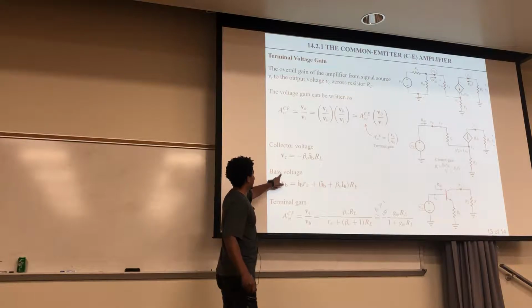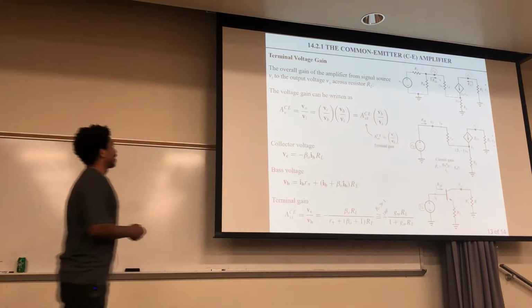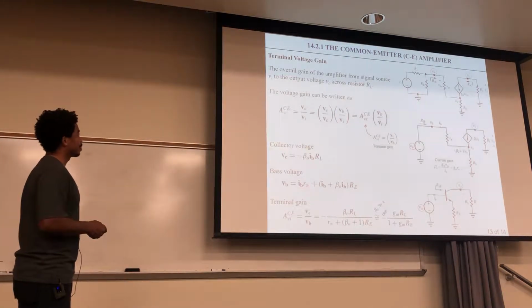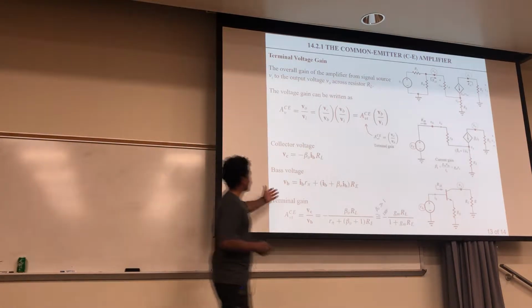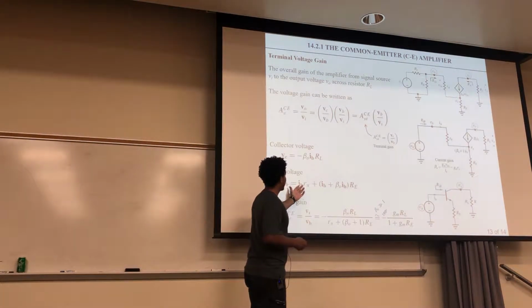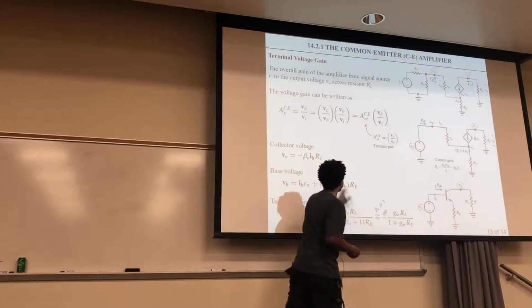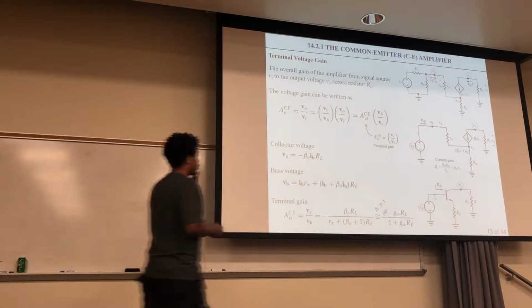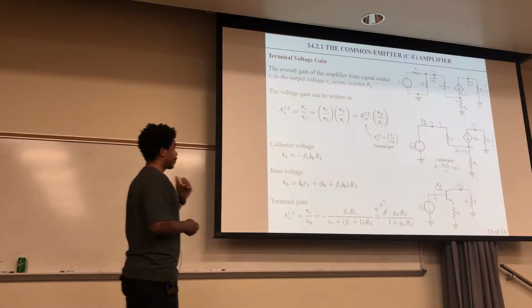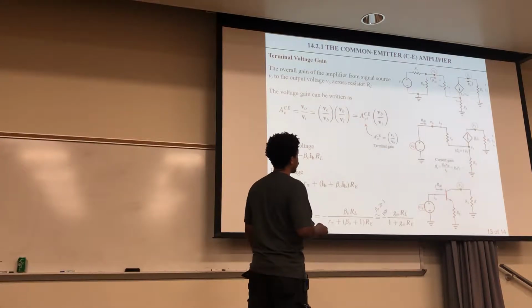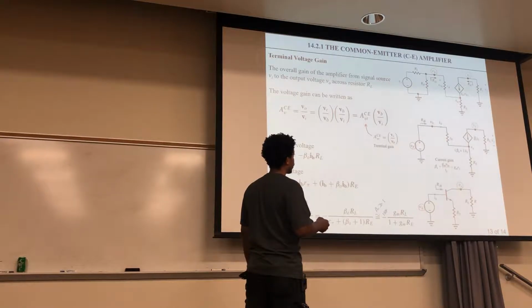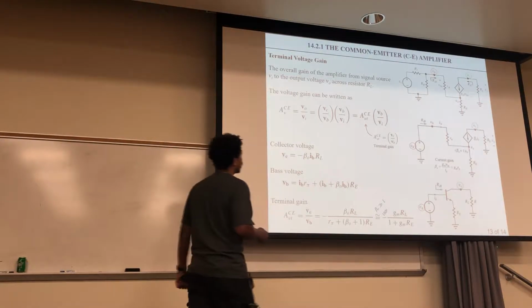Supposed to be E right here. Your base voltage is VB, and it's these values right there. So one way to get your base voltage, you can do a loop around here, right?